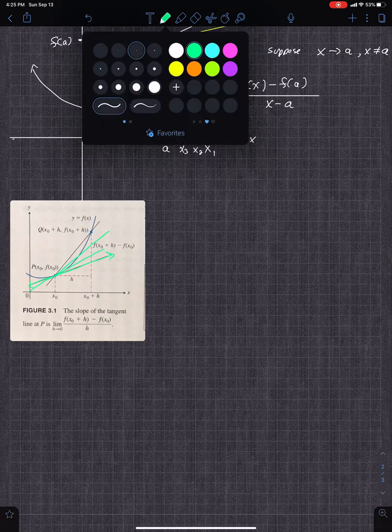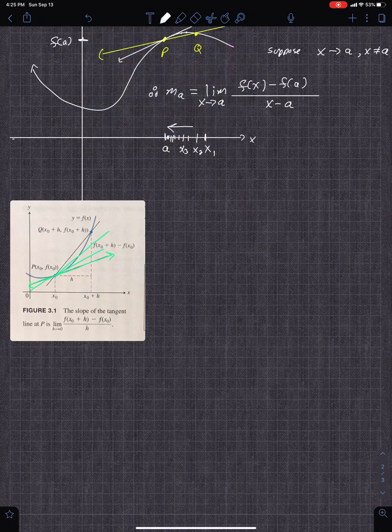So let me write up the other case. From the description above, I'm going to say let h equal x minus a. Then if you solve for x, x is equal to h plus a, which is a plus h. You can just commute that.